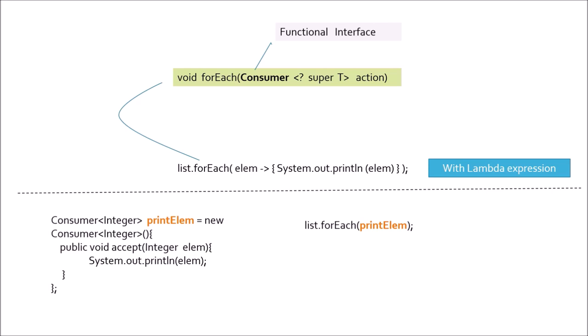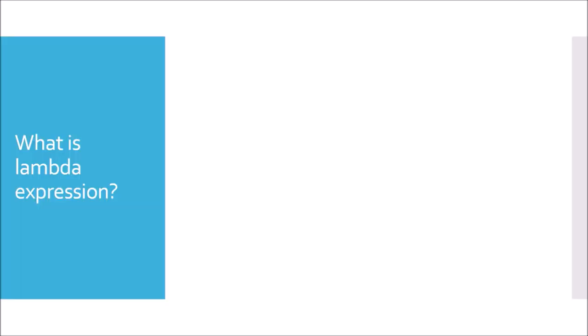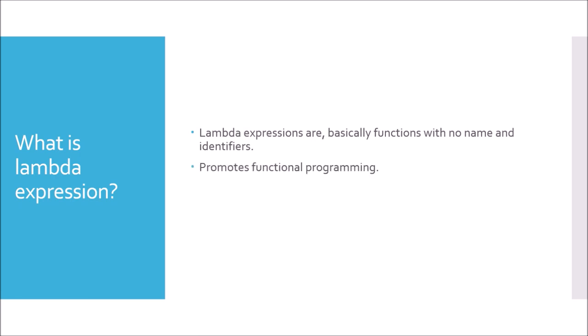Moving to the next question. What is a lambda expression? Lambda expressions are basically functions with no name and identifiers. It promotes functional programming, because lambda expressions came to overcome the ugliness in the implementation of anonymous functions, and are mostly designed for functional interface implementations.